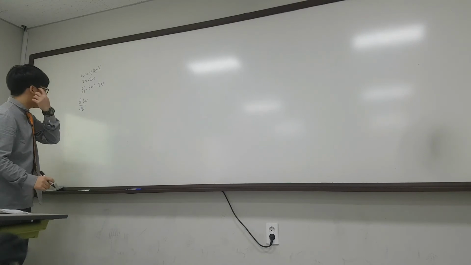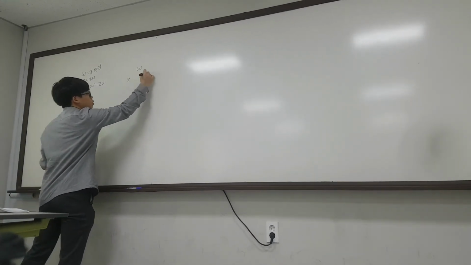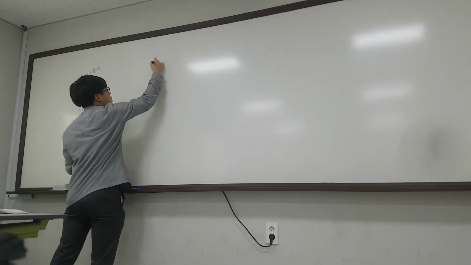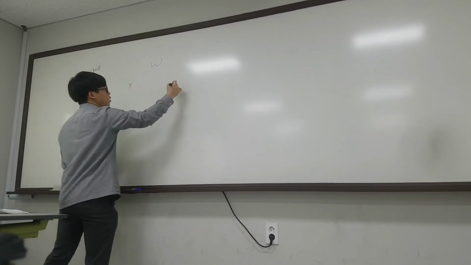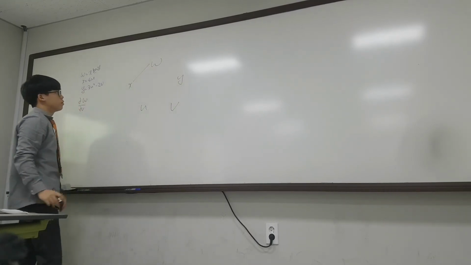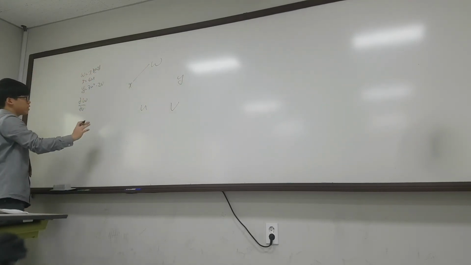Now, let's reconstruct the diagram. We have w here, x, y, I'm going to make it bigger, and u and v. Let's do this. What is dw dx?